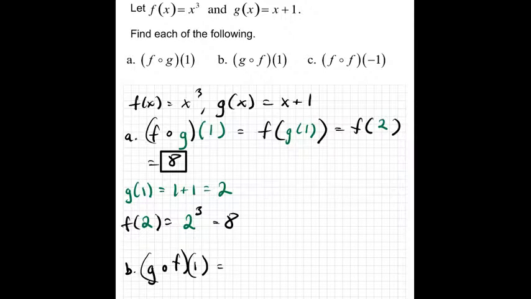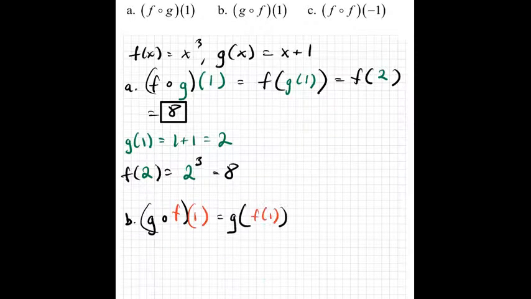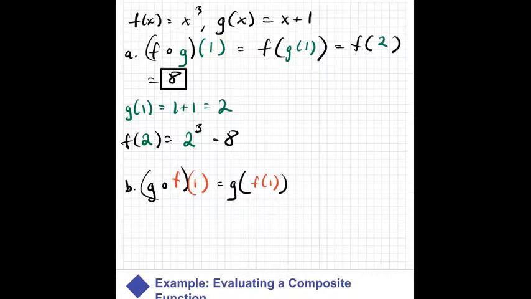So here, if we're doing this next one, this is the second function inside the first. We're doing g of f of 1. So let's do f of 1 off to the side. f of 1 is x cubed, and then we put the 1 inside, so that result is 1.